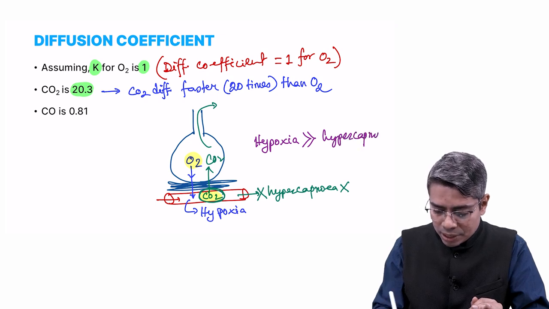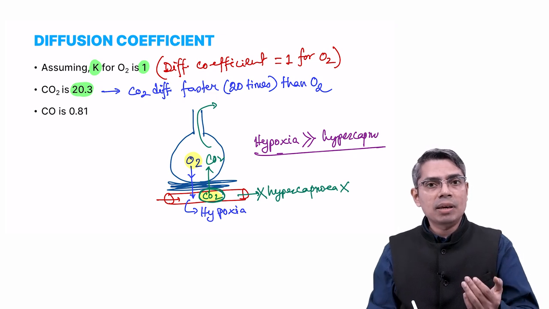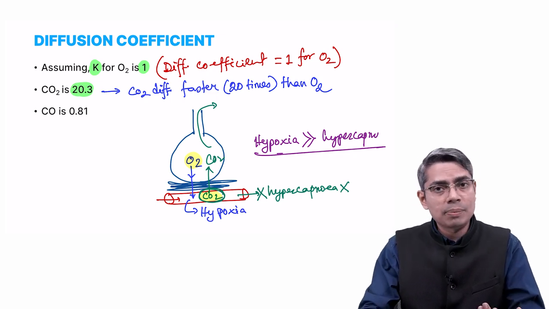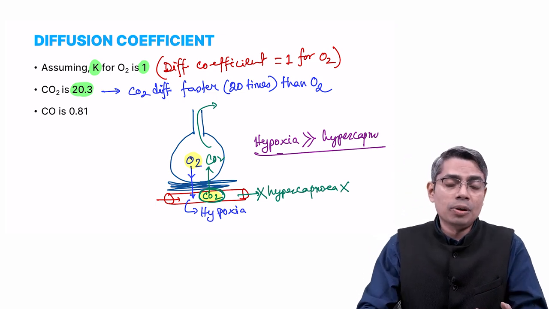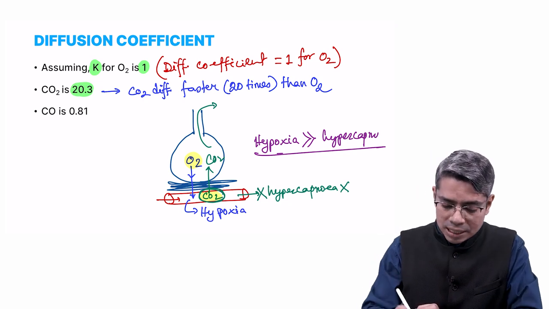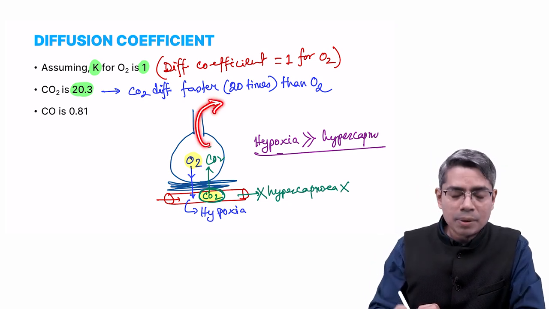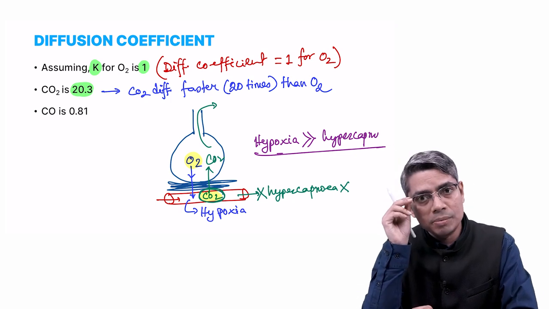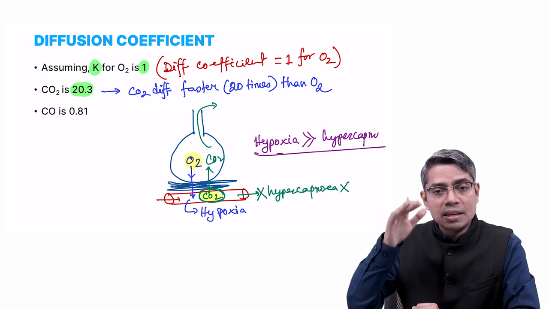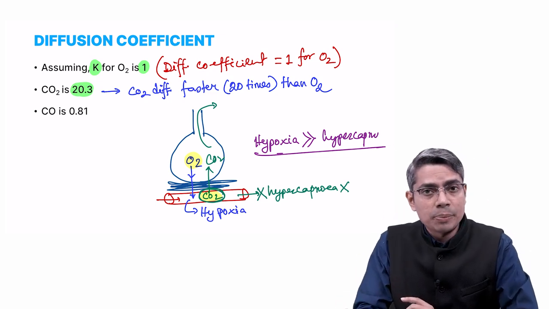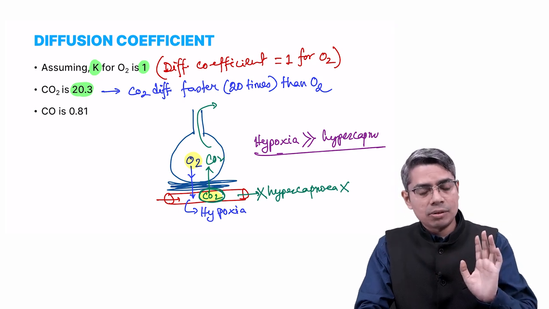For example, just now I discussed that in lung fibrosis, the person always suffers from hypoxia, but hypercapnia is not that common. Hypercapnia will only occur if there is a problem in ventilation, if the person is not able to wash out the carbon dioxide from the lung. Suppose there is a bronchial obstruction, or suppose the ventilation is reduced and hypoventilation is occurring in the person. Then hypercapnia is going to happen.